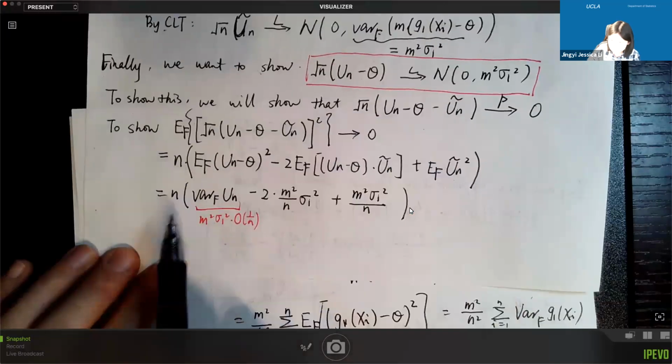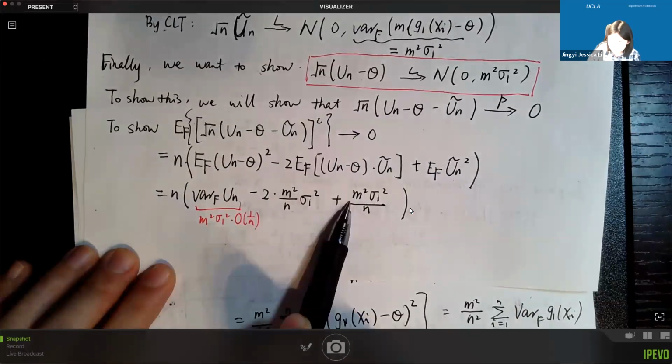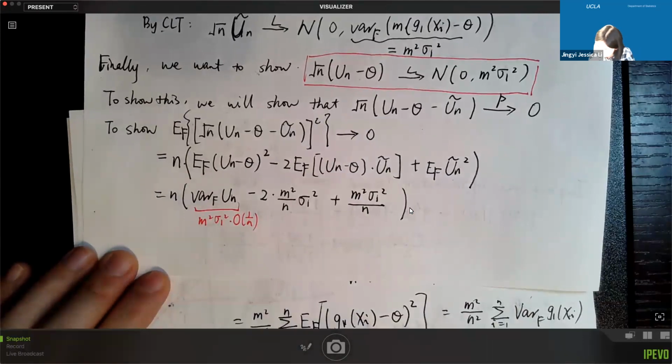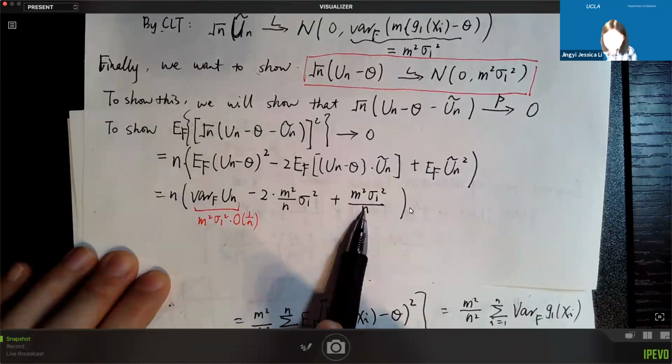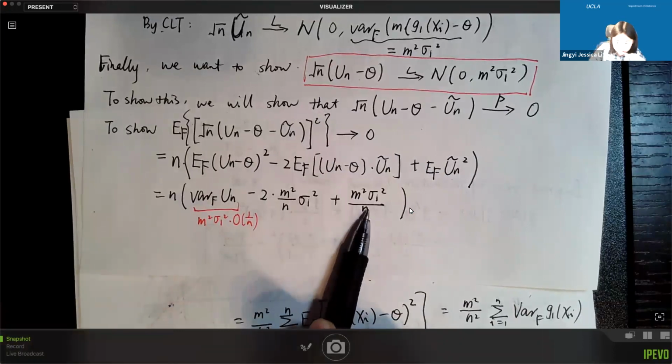The expectation of U_n tilde squared. Yeah, so we actually have, is it right? The 1 over n is here, 1 over n is here, 1 over n is here. But what I need is the variance of this big O(1).